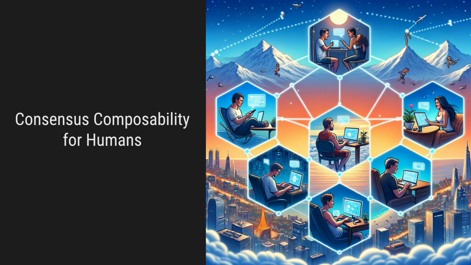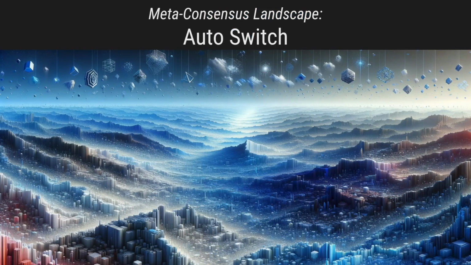So consensus composability will extend to human consensus and the landscape of human relations and how we reach consensus from small local groups to nations and beyond. Complex machine consensus is a requirement to expand the landscape of human consensus.